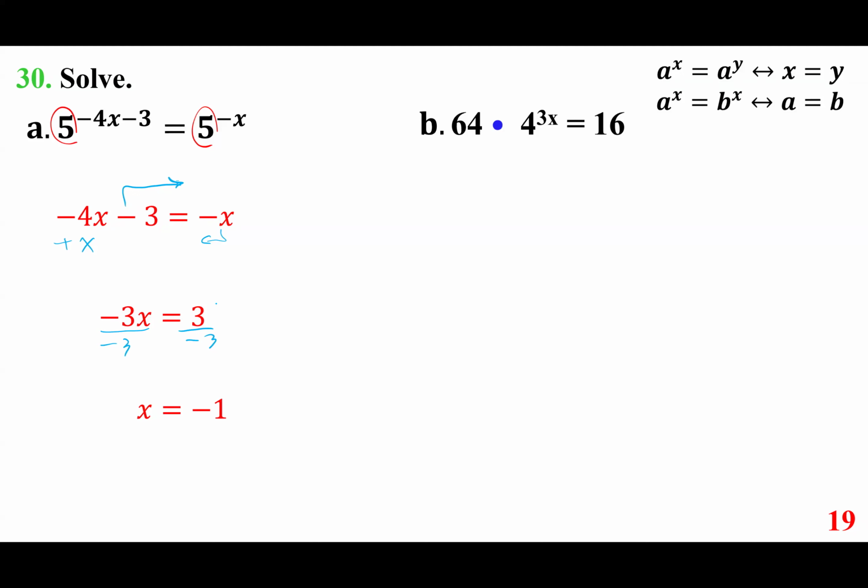And we notice 64 is 4 cubed, 16 is 4 squared.